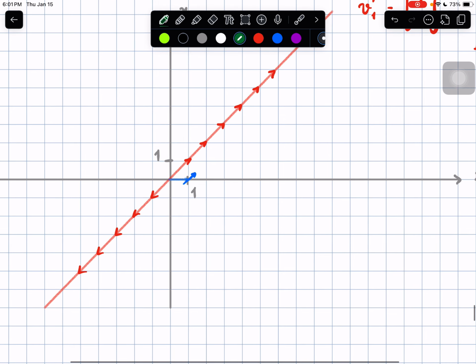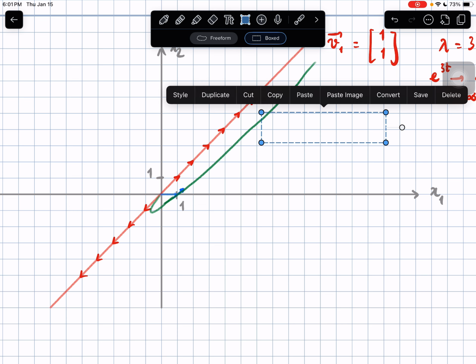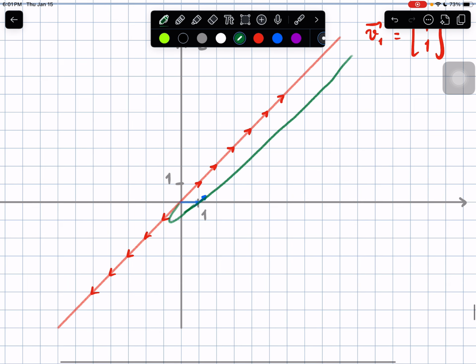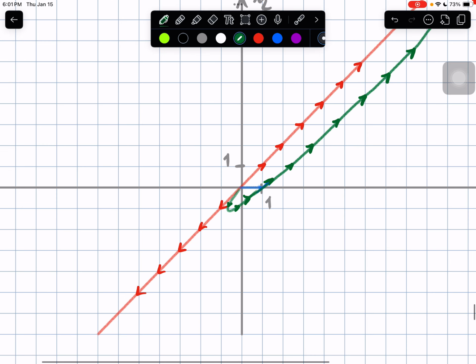So the picture we can sketch is like this. Parallel to this line. And then it will just go off to infinity. And here, try to follow this a bit, and then infinity.